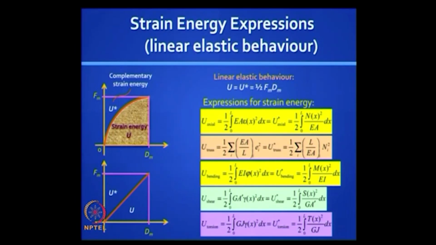Okay. Now in all these expressions you will find some rigidity terms appearing. For axial strain energy the rigidity term is EA, it is called axial rigidity, a product of the elastic modulus and the cross sectional area. For the bending term you have EI, which is flexural rigidity, it is a measure of the stiffness, a product of the elastic modulus and the second moment of area.